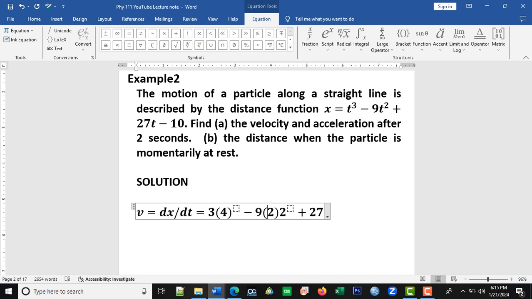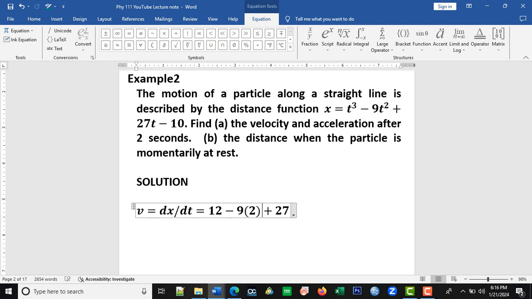And then 4 times 3 will give us 12. Done with that one. This is 2 times 2, which is 4. 4 times 9 gives us 36.